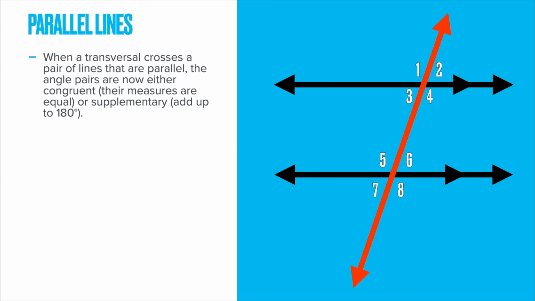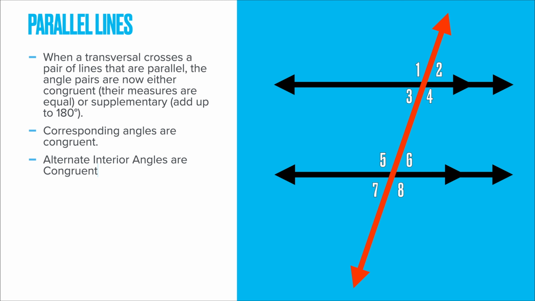For instance, corresponding angles are congruent, so angle 1 and angle 5 are going to have the same degree. Alternate interior angles are congruent. So 3 and 6 are going to be congruent, or 4 and 5.